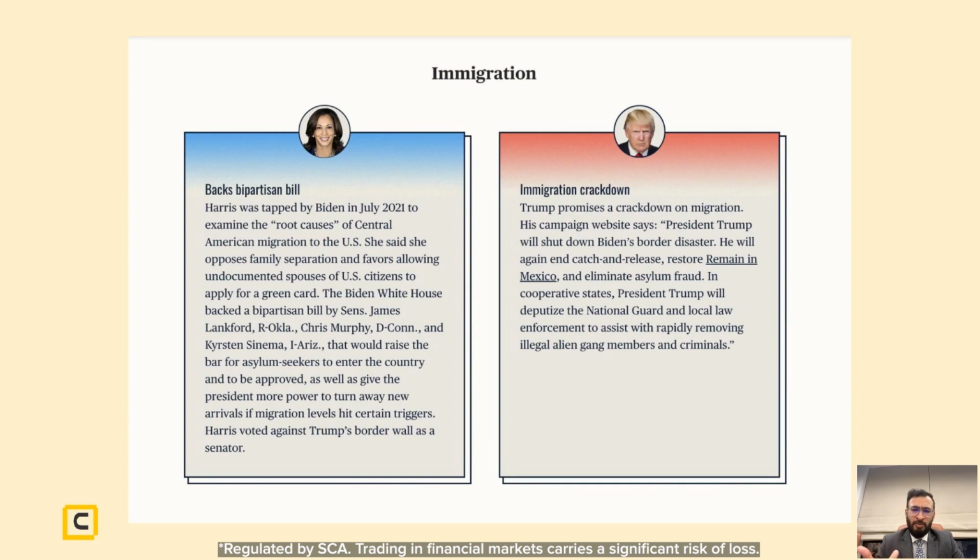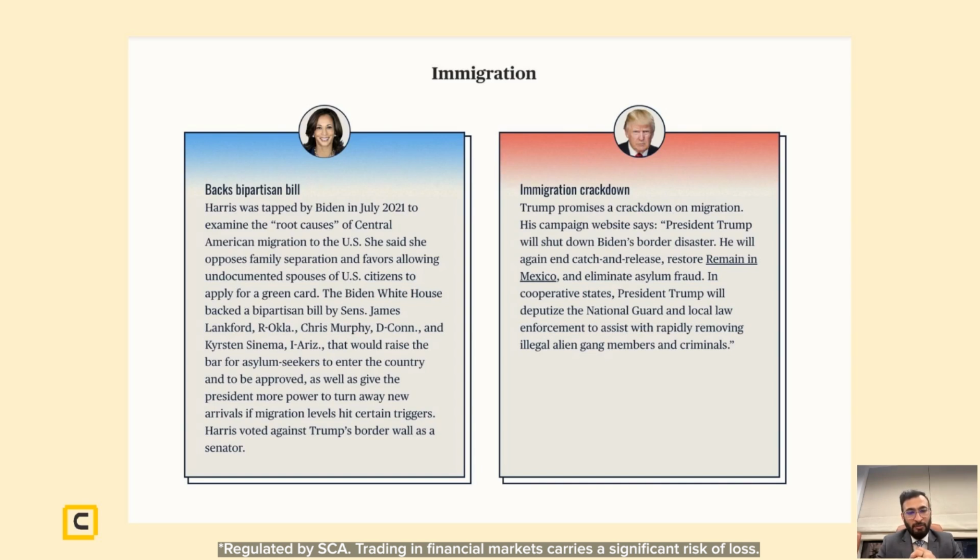If you remember, back in 2016 Trump was very popular for saying we are going to build a wall in front of Mexico so the immigrants cannot enter. And there have been further slogans about remain in Mexico or eliminate asylum fraud. Trump will deputize the National Guard and local law enforcement to assist with rapidly moving illegal alien gang members and criminals. So this is what the immigration policy for Donald Trump is.